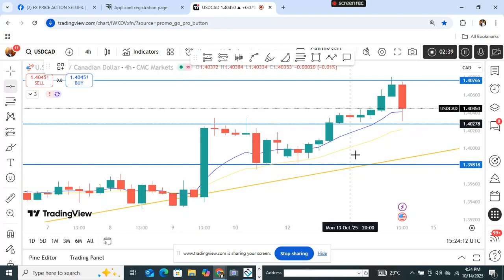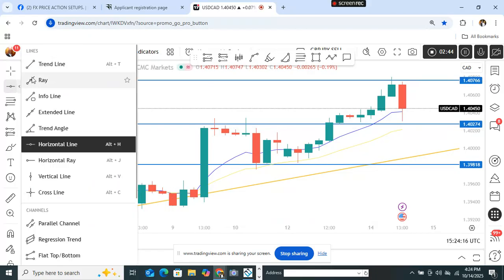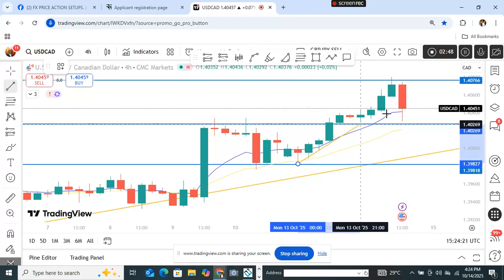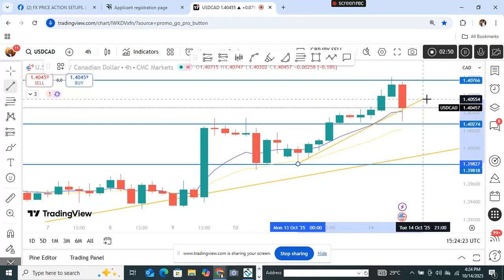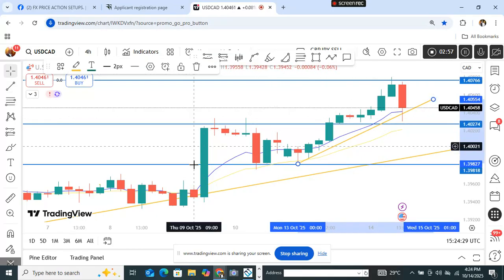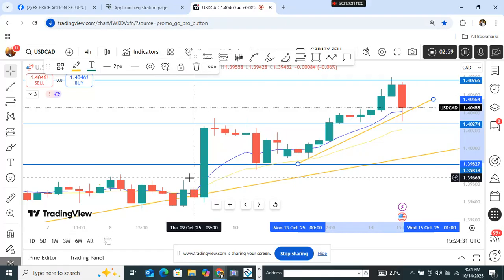So the trend continues on the 4 hour in a short bullish trend after hitting the support level at this particular price level of 1.39827. Then the market drew back to currently 1.4027.